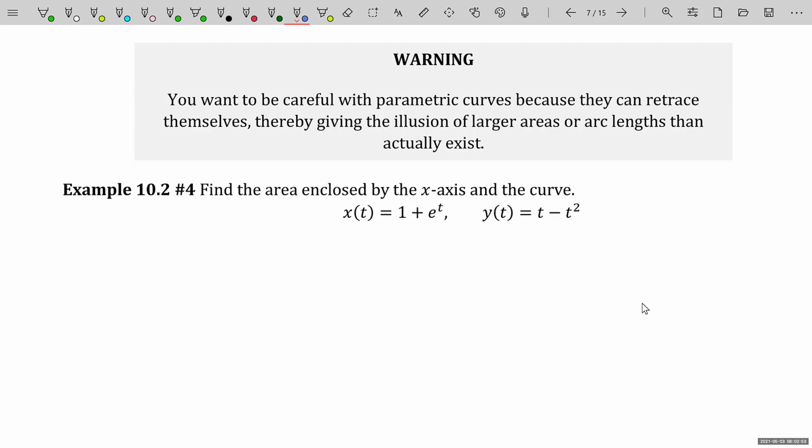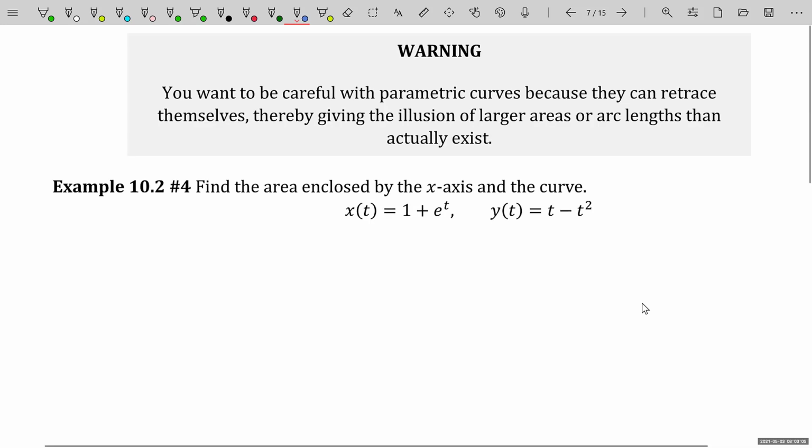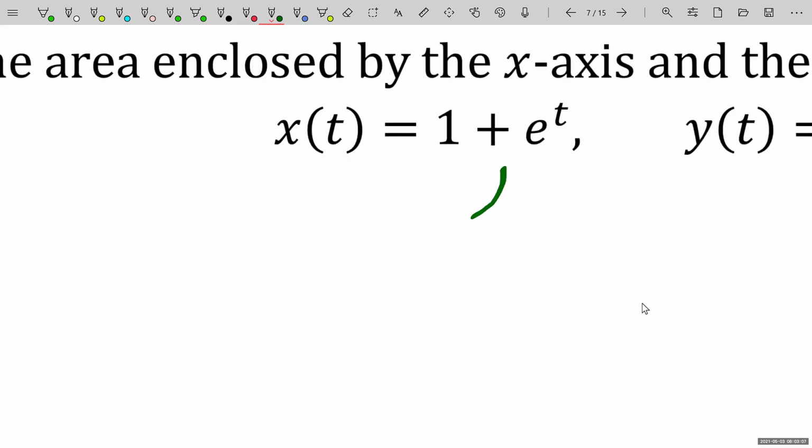Often it's very difficult to tell. But there's some ways that you can tell your parametric curve is not going to retrace itself. So I'm going to give you kind of the clue that this parametric curve is not going to retrace itself.